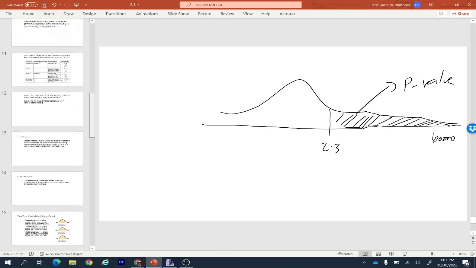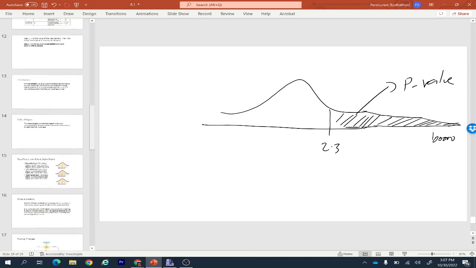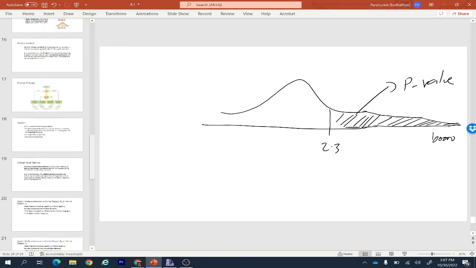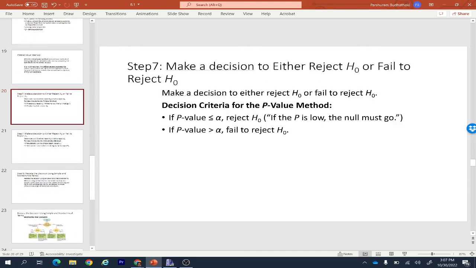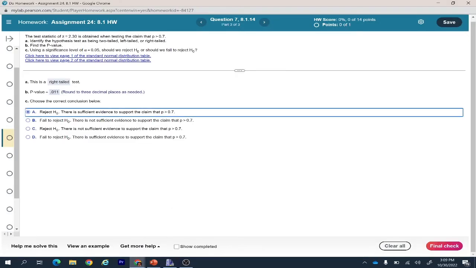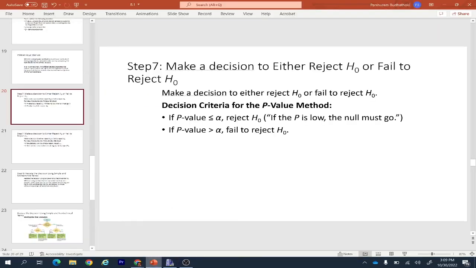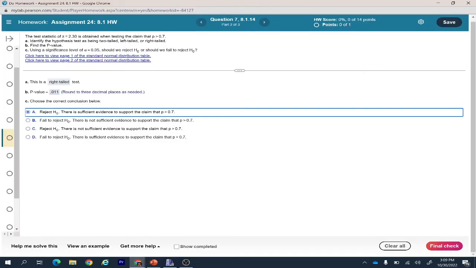If you go back here and find the p-value test, where is that? Okay, this one. If the p-value is less than or equal to alpha, reject the null hypothesis. So in this problem we found the p-value 0.01, and since the p-value is less than alpha, we reject the null hypothesis.